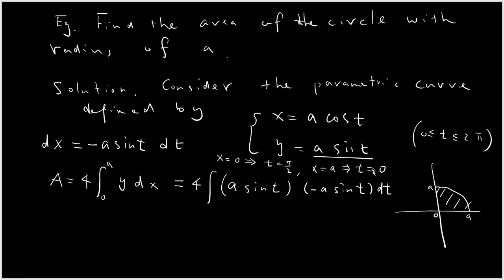By that we mean you plug t value of 0 into x. Cos of 0 is equal to 1, so you have x value of a. Likewise, a t value of half pi will give you x value of 0, because cos of half pi is equal to 0, right? So the new integral is taken from when t is from half pi to 0.